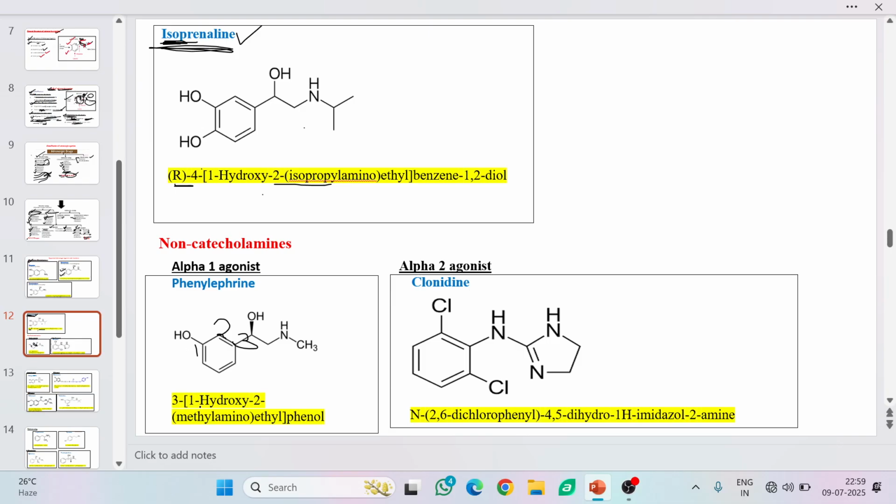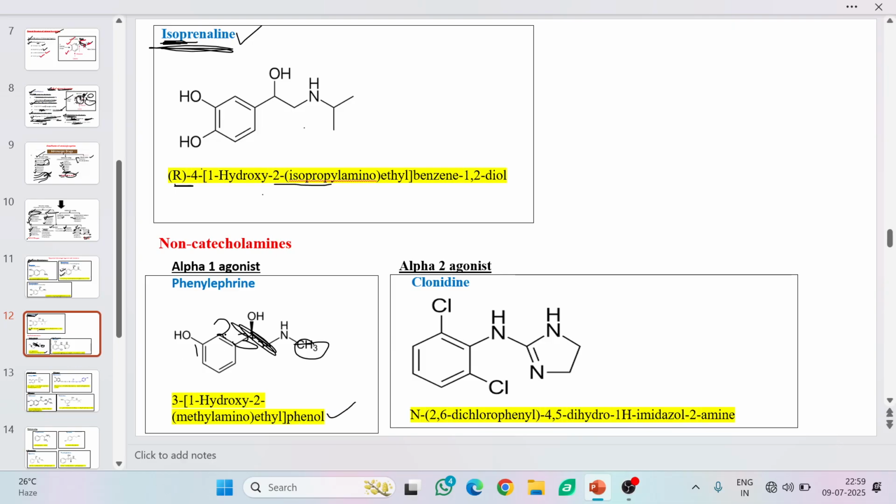So name is 3 in bracket 1 hydroxy, 2 methylamino, 2 methyl. Again, nitrogen is substituted, so 2 methyl. This 2 methyl amino ethyl, again this ethyl and phenol.